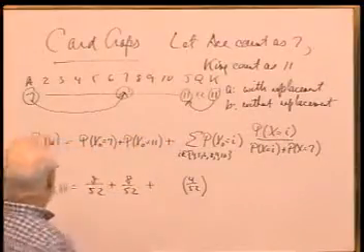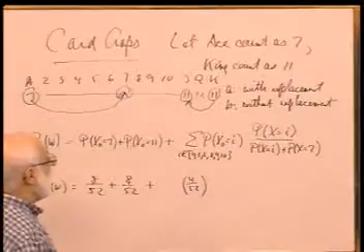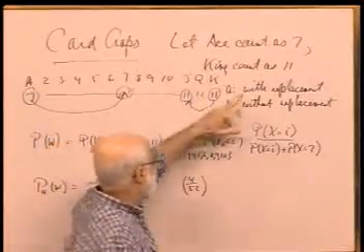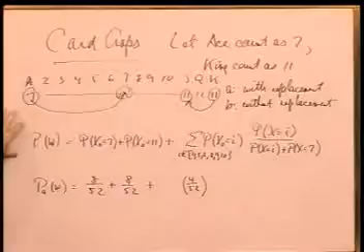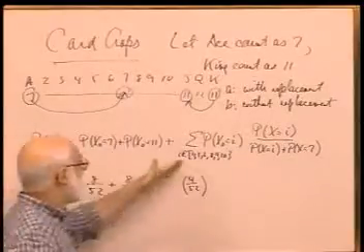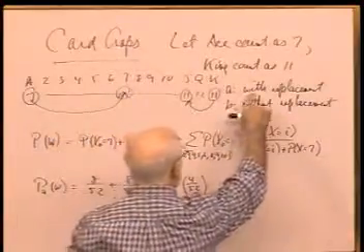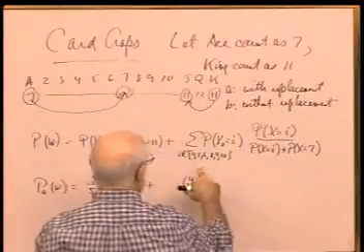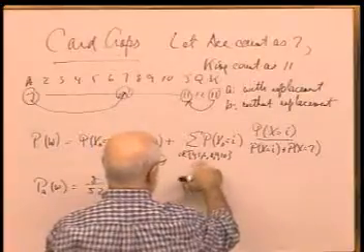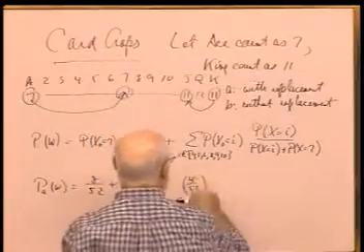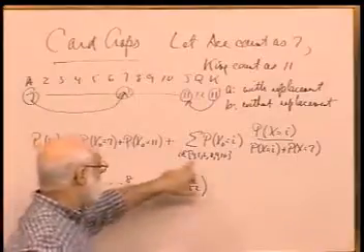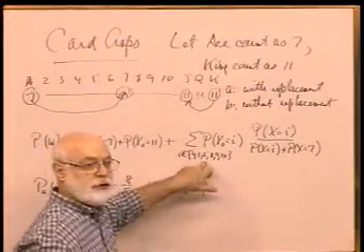Okay, so what's the probability of winning if I sample with replacement? It's the same formula as before, and everything is the same interpretation as before. The only difference is that the probabilities are different. So when I'm using the cards, the probability that I get any of these numbers, 4, 5, 6, 8, 9, or 10, is 4 over 52 because there are 4 4s, 4 5s, 4 6s, and so forth.